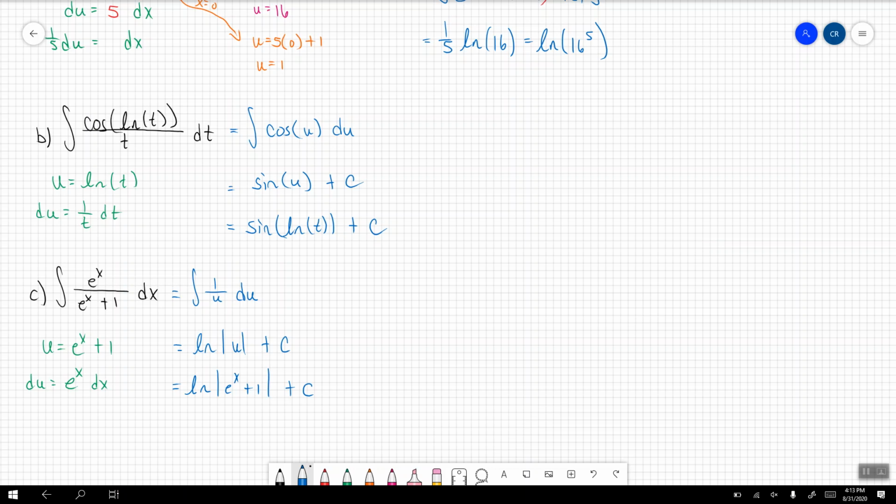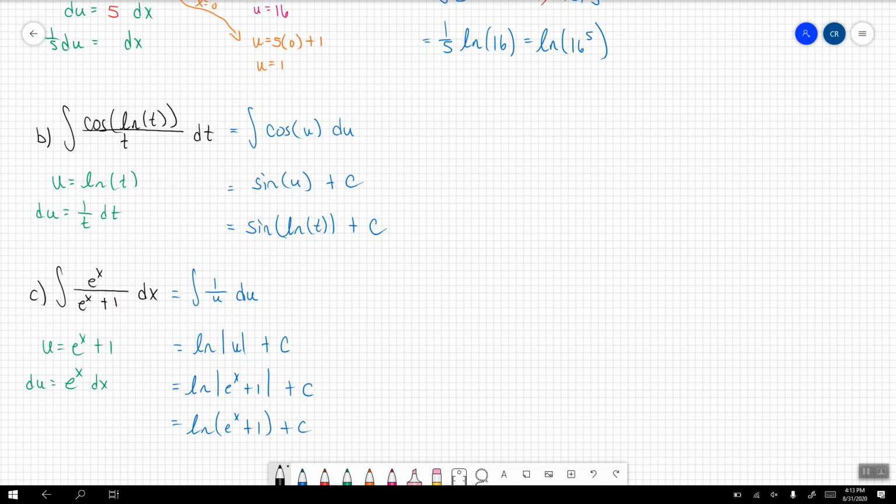Is it always positive or only sometimes positive? Well, in this particular case, e to the x plus 1 is always positive, which means we can drop the absolute value and it will be the natural log of e to the power of x plus 1, and then plus c. This is my final result, part C.